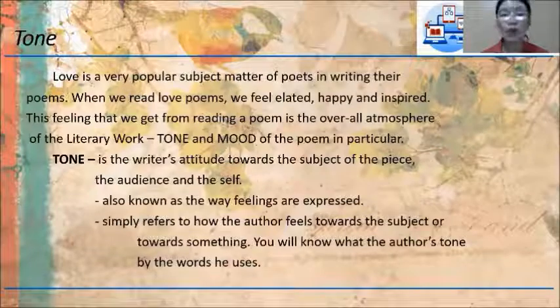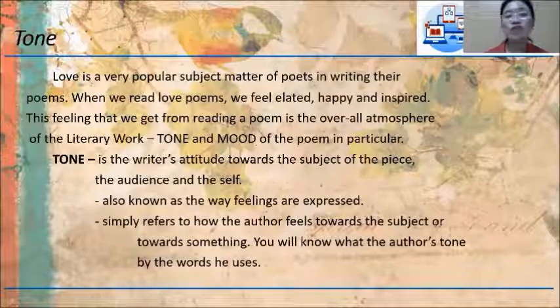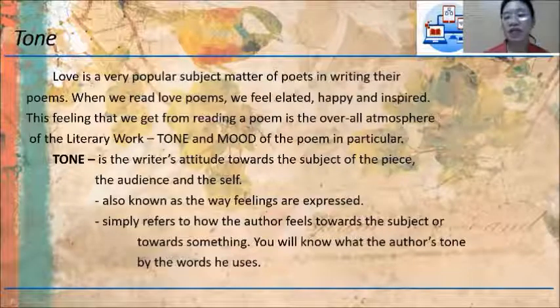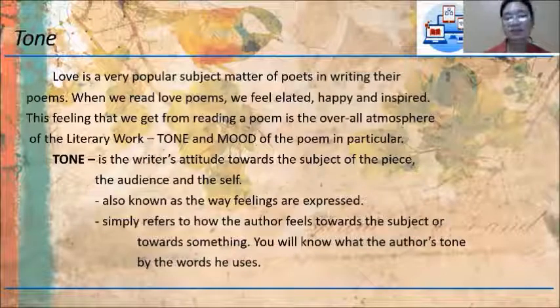Now, tone is the writer's attitude towards the subject of the piece, the audience, and the self. Now, this tone is also known as the way feelings are expressed. Okay? It simply refers to how the author feels towards the subject or towards something.